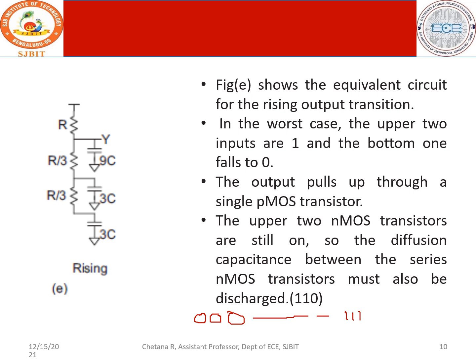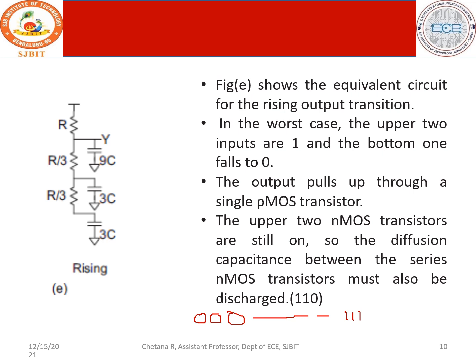So you have the resistance of PMOS as 2R, 2R divided by 2 gives you R, and this capacitance is 2C. That 2C and the capacitors of NMOS combined together is 9C, and you have 3C and 3C. This is for the rising edge.